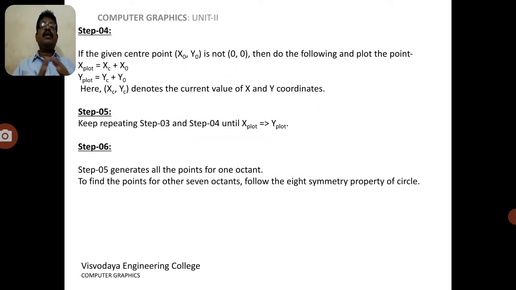So this is the final algorithm of the Bresenham circle algorithm. Again I will repeat the sequence of steps clearly. The first step is to set the center points, that is 0 0, x naught y naught, where x naught equals 0, the default value from the starting point, and the y value becomes the radius value, so y naught equals r, the predefined value.